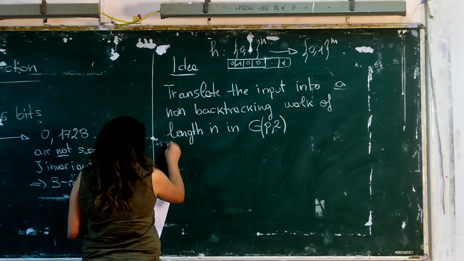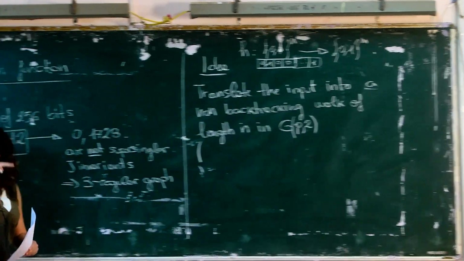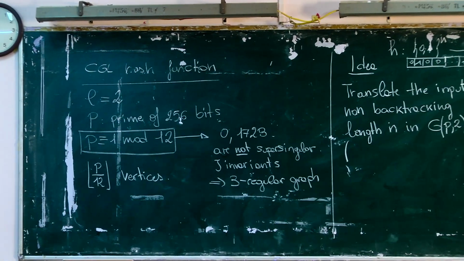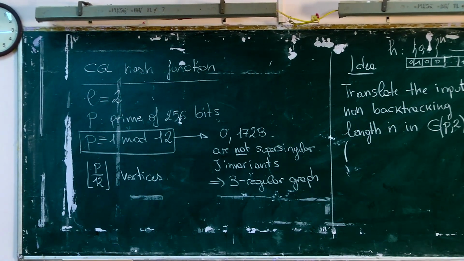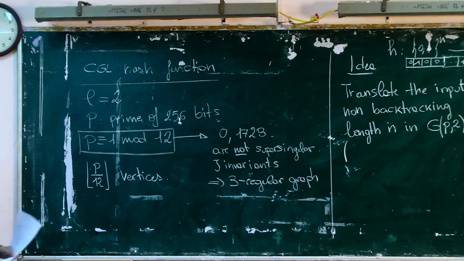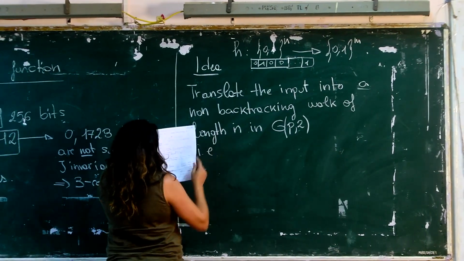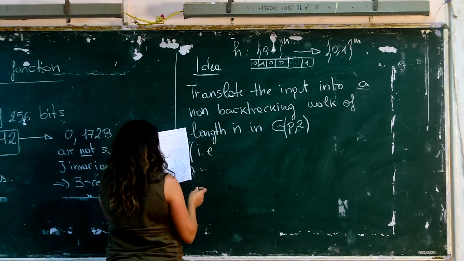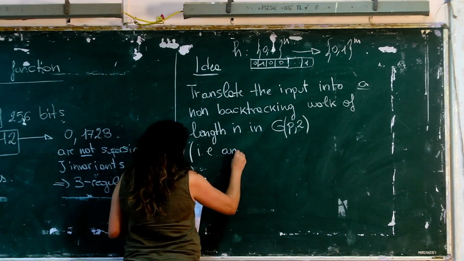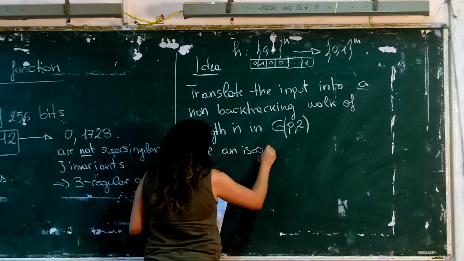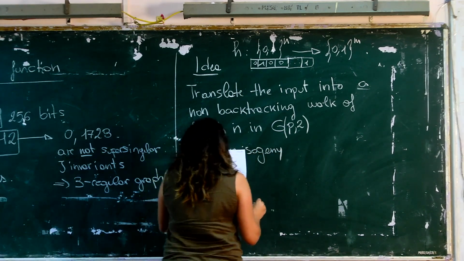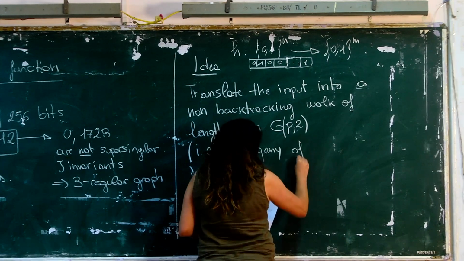What is this walk? Basically, it is an isogeny. Every step is an isogeny of degree 2, and we are composing them n times. So we are translating the input into an isogeny of degree 2 to the n.